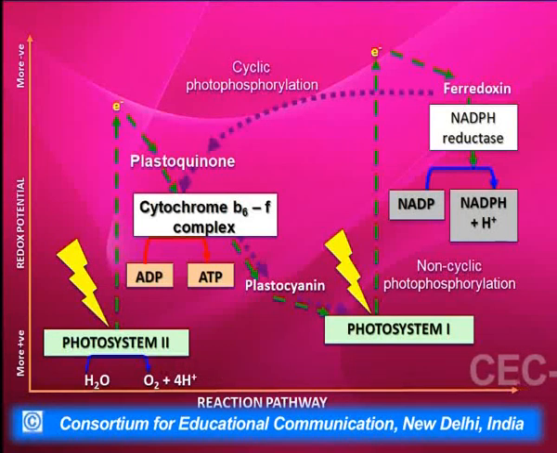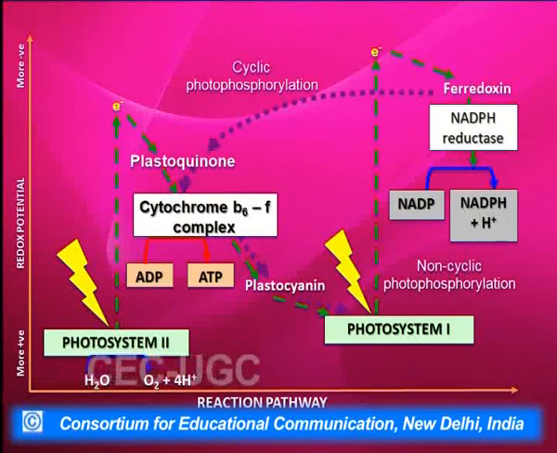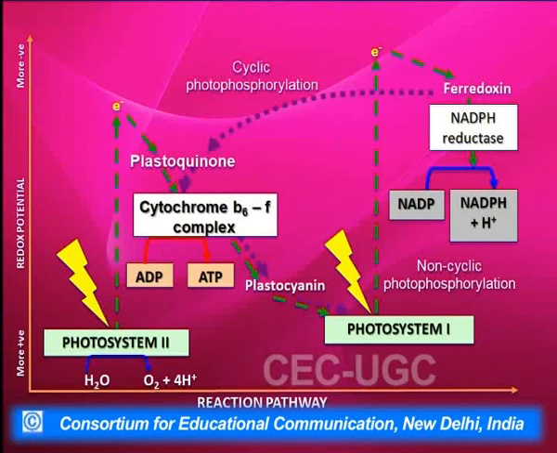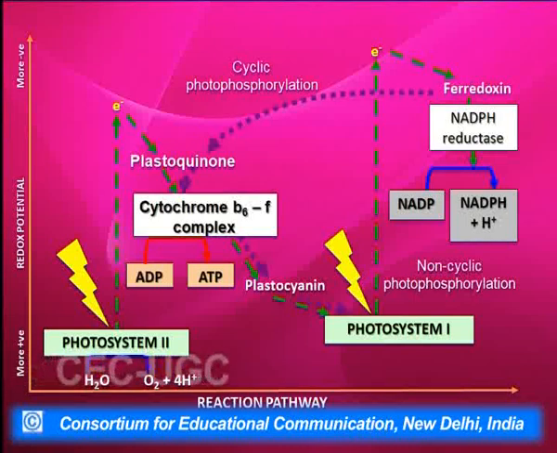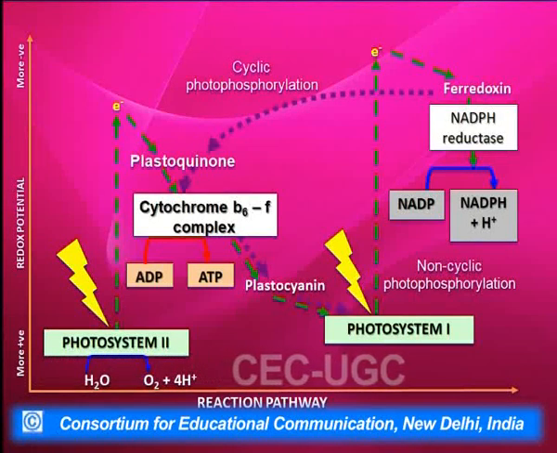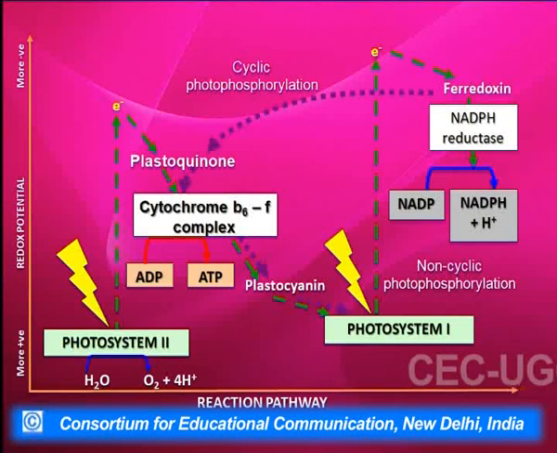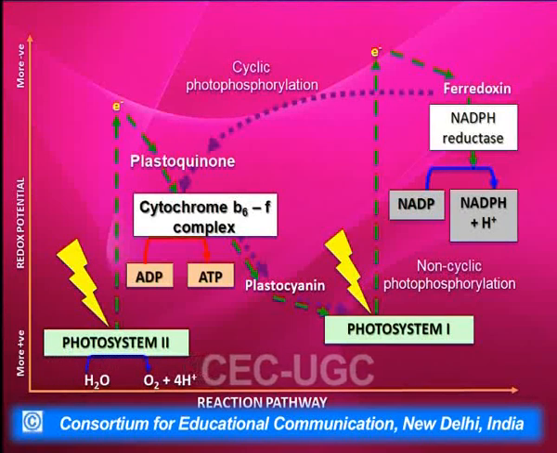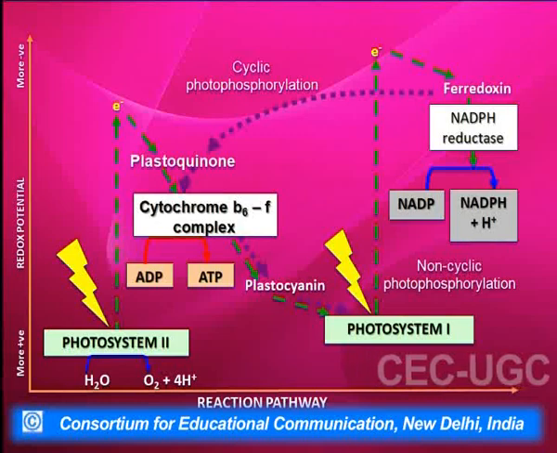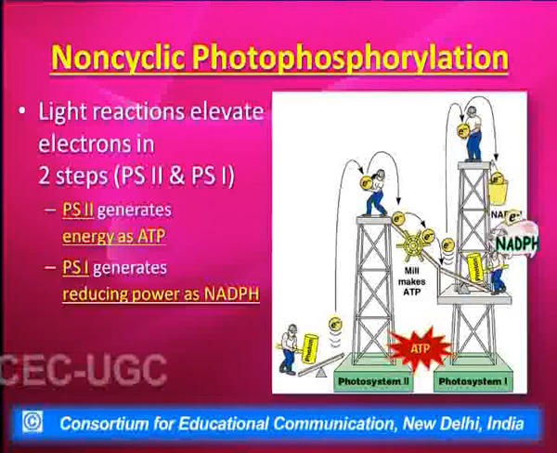In one of our first lectures, we mentioned the terminology. The formation of ATP here is called photophosphorylation, and the formation of NADPH is the reducing power. Summing up both of them, it would be called assimilatory power, and the complete assimilatory power is required to be transferred from the grana to the stroma for running the Benson-Calvin cycle.